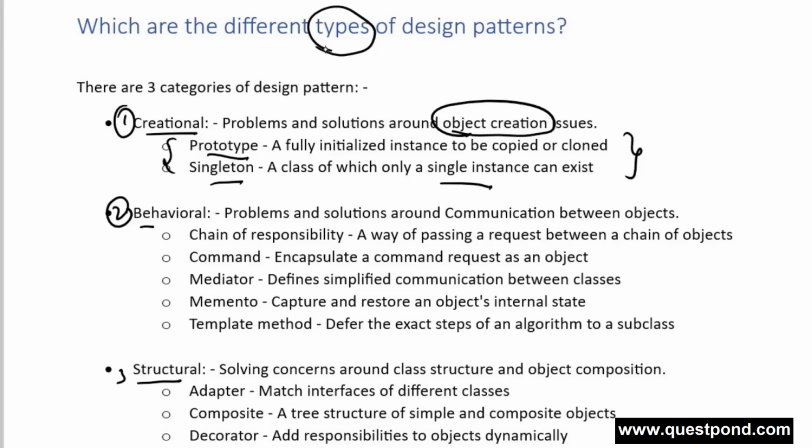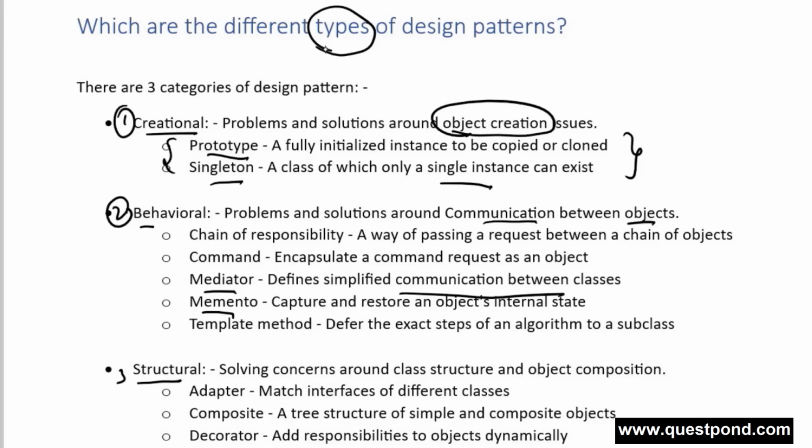In case of behavioral, the focus is around communication between objects. For example, let us say that you have too many objects who are talking with each other, and because of that, things can become chatty. So you have mediator. It simplifies the communication between the classes. Let us say that you have an object and you want to capture the internal state of the object, like old values and new values, memento.